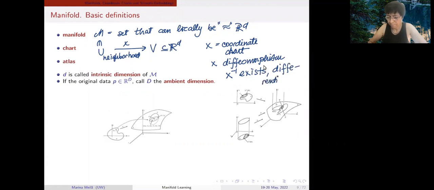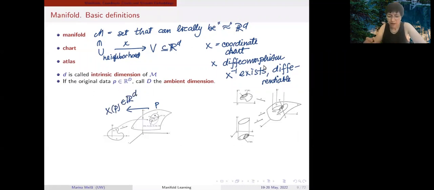And in a chart, we take, for instance, a point P on the manifold. Here is a P, and we map it to X of P, which is a set of coordinates.